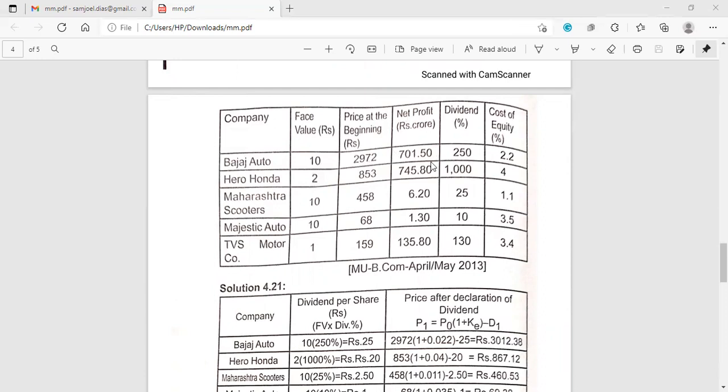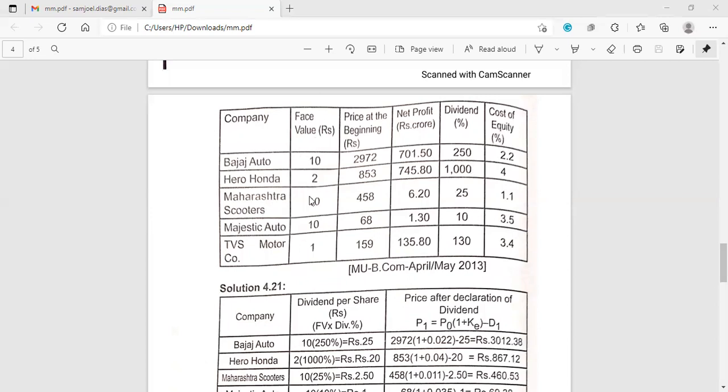Net profit is 701.50 crores. Dividend at 250%. Cost of equity is 2.2. Hero Honda has a face value of rupees 2 per share. Price at the beginning is 853. Net profit is 745.80. Dividend 1000%, and cost of equity is 4%.